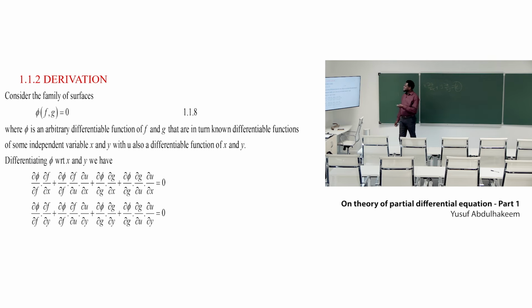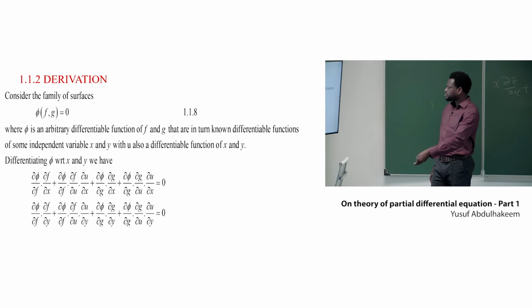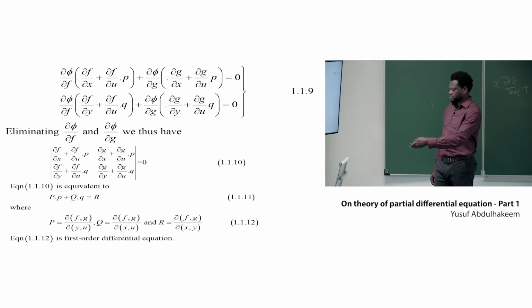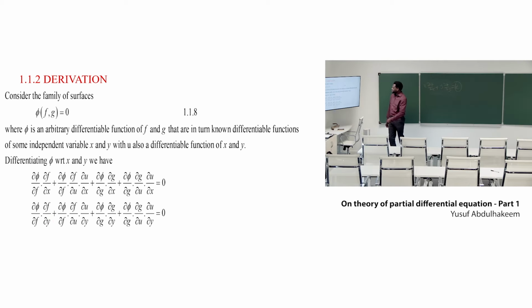Then let us look at this derivation. Consider the family of surfaces in 1.1.8, where phi is an arbitrary differentiable function of f and g that are in turn known differentiable functions of some independent variables x and y, with u also a differentiable function of x and y. So by the time we differentiate this function given in 1.1.8, we have this equation with respect to x, and this one with respect to y.